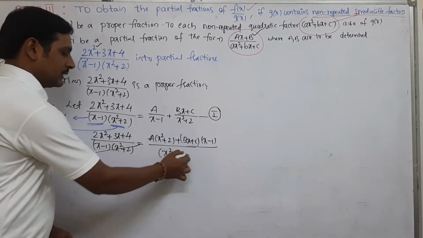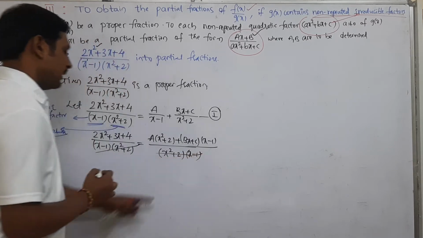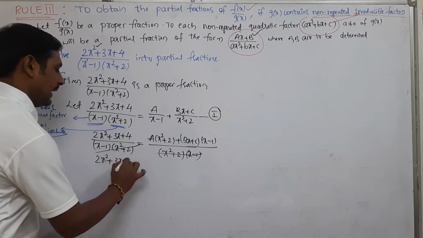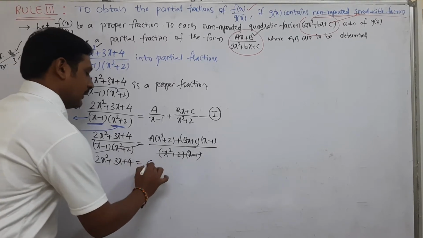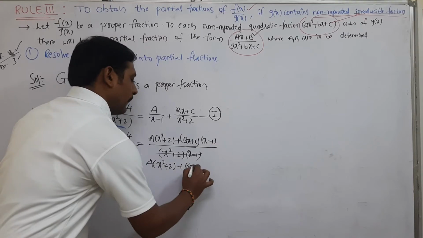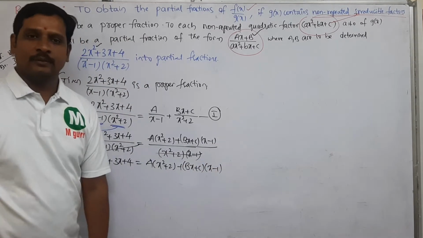Both sides, the denominator terms get cancelled. So the remaining is 2x square plus 3x plus 4 equals a into x square plus 2 plus bx plus c into x minus 1.